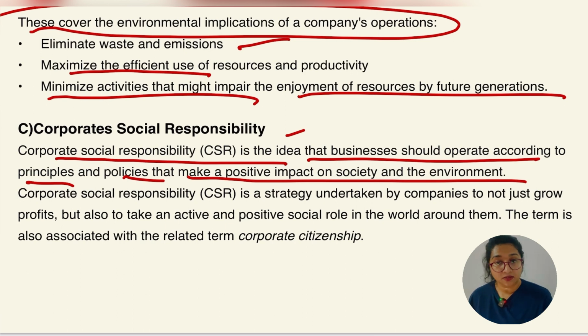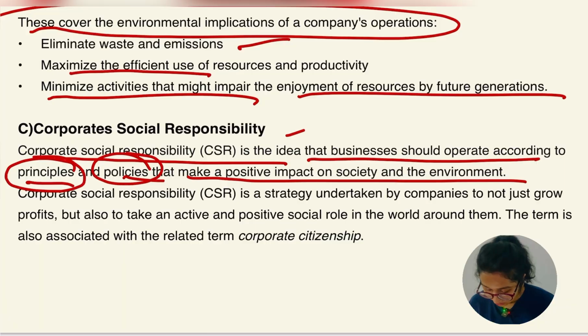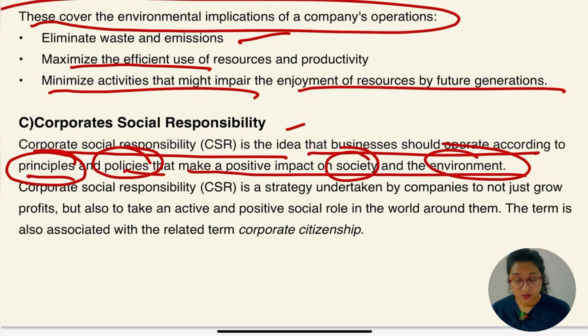So what is this saying? The business should operate according to the practices, the policies and the principles. So what is this focusing? With the help of the principles and the policies, the business should operate and impact what? The positive impact on the social and environmental.